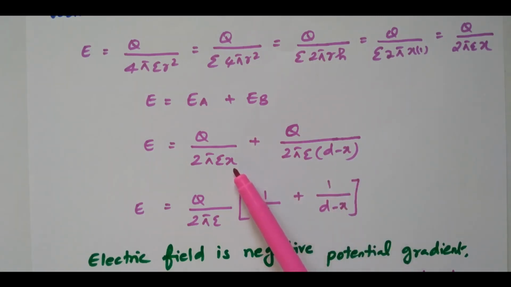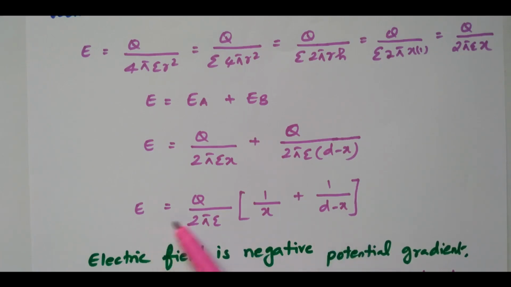So conductor A is located at a distance x meter, conductor B at a distance d minus x. Now this Q divided by 2 pi epsilon is a constant commonly available in both, so we can take it outside. So what we got is Q divided by 2 pi epsilon times (1 by x plus 1 by d minus x), right?